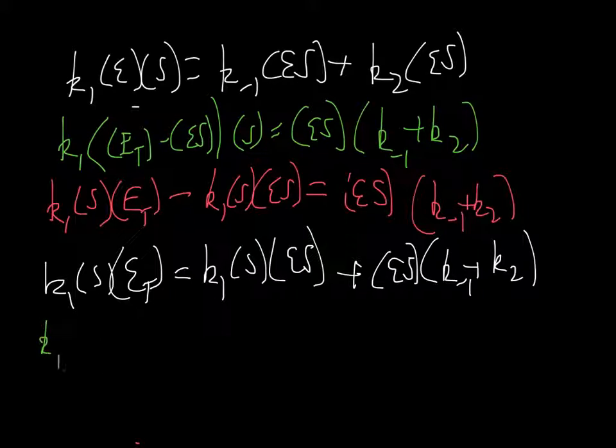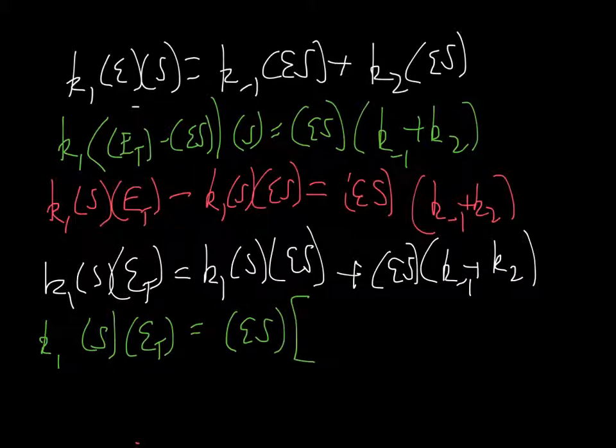So the left-hand side stays the same: K1 S ET is equal to, I pull out an ES, and I get this weird-looking term here: K1 times S plus K minus 1 plus K2.